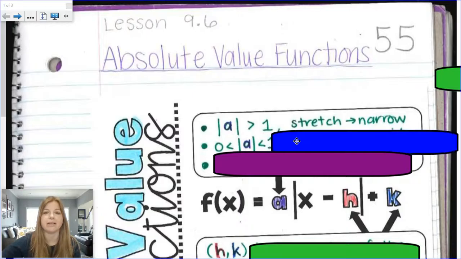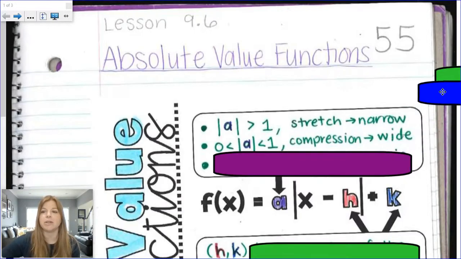If the absolute value of A is somewhere between 0 and 1, so a positive 1/2, a negative 1/2, a positive 2/3, a negative 2/3, it's going to make the graph wider. So an absolute value function is going to look like a V-shaped graph. And if I have a fractional value A between 0 and 1, or negative 0 and negative 1 rather, it's going to make the graph wider like this.